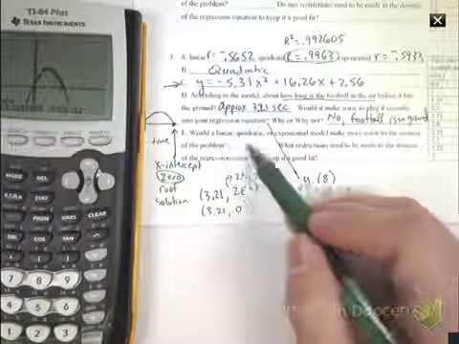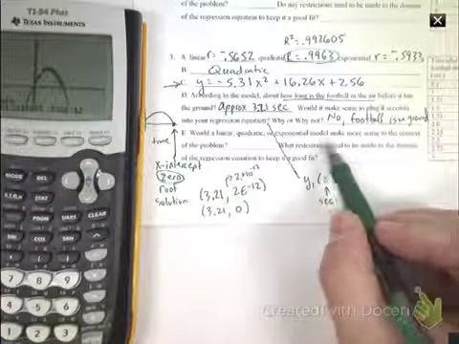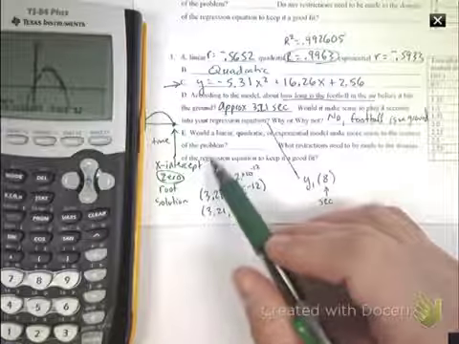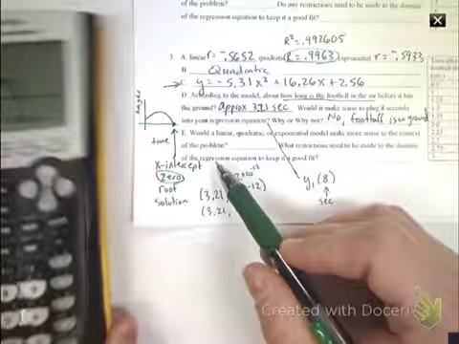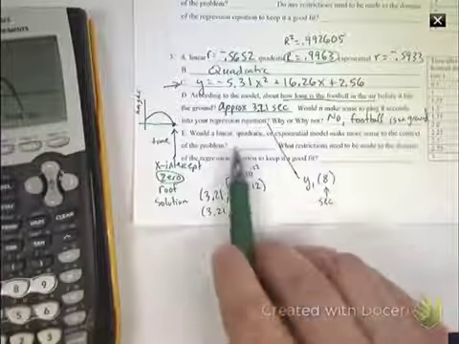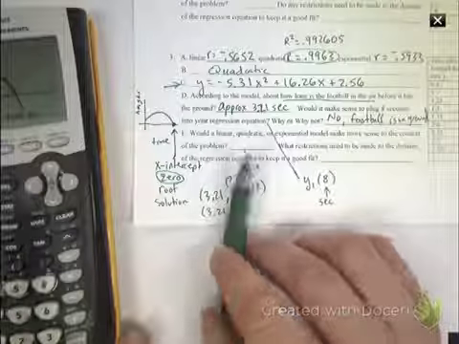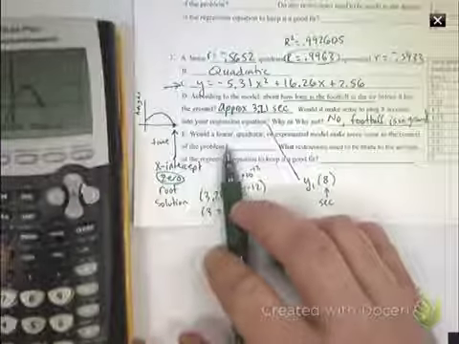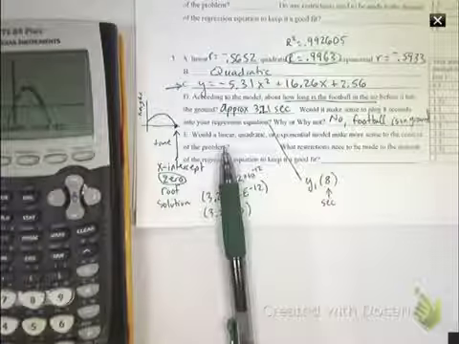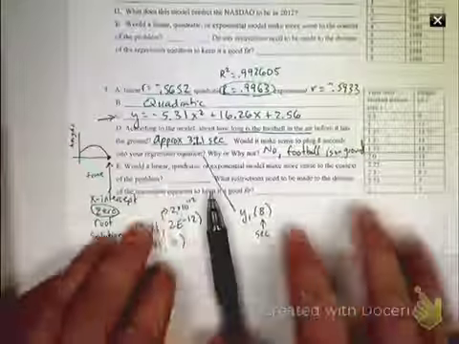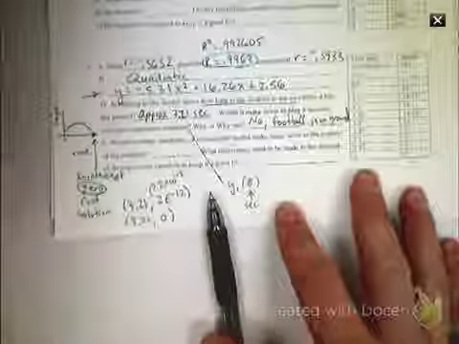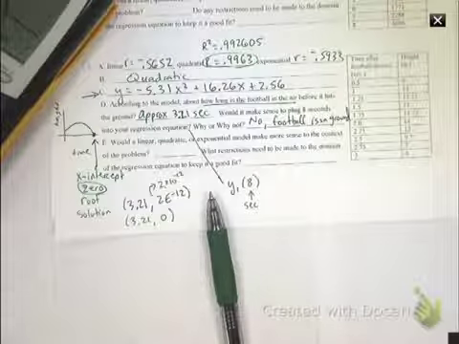All right, letter E. Would a linear, quadratic, or exponential model make more sense in the context of this problem? Now, here's what I'm trying to get at. Ladies and gentlemen, this is the sort of question that throws a lot of students off. It takes us a lot of effort to get to this point in our study of regressions. We have to learn how to enter this data.